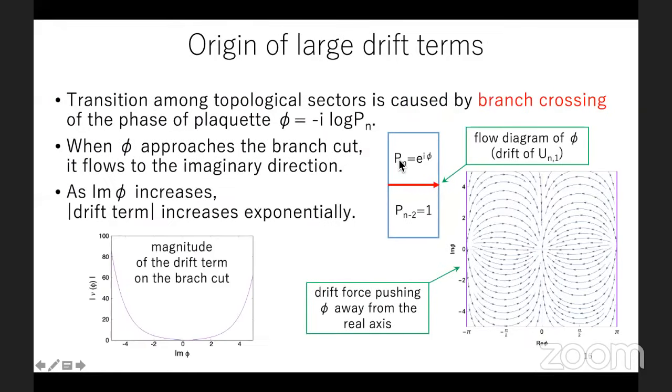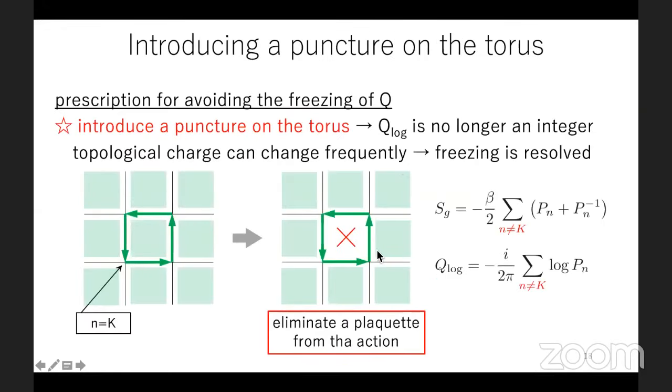So our choice of putting in a puncture is motivated by the modification of the boundary condition. It's somehow very straightforward.